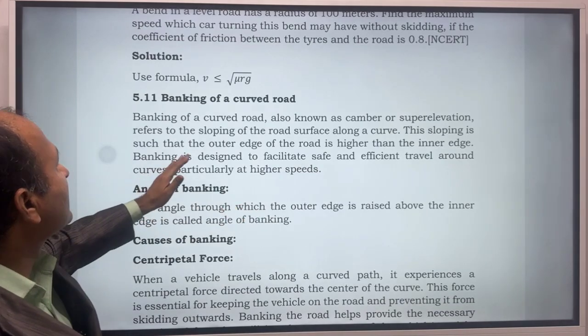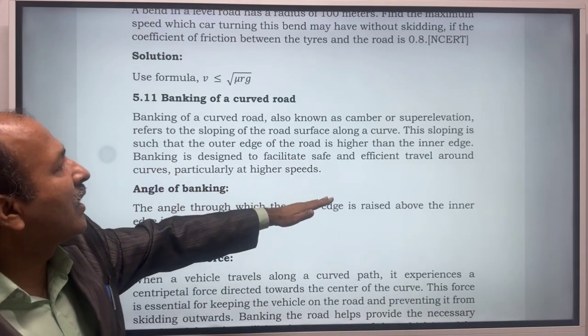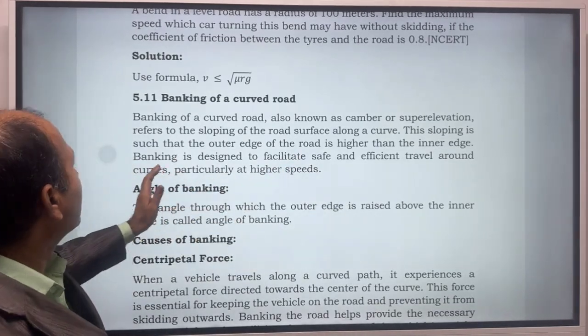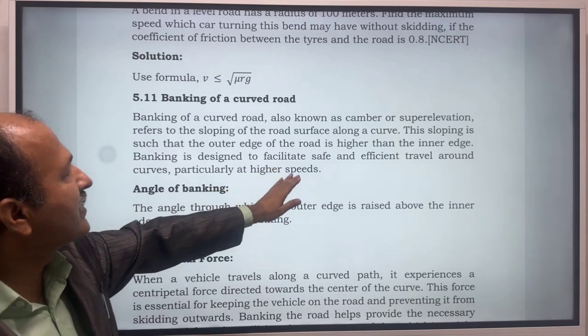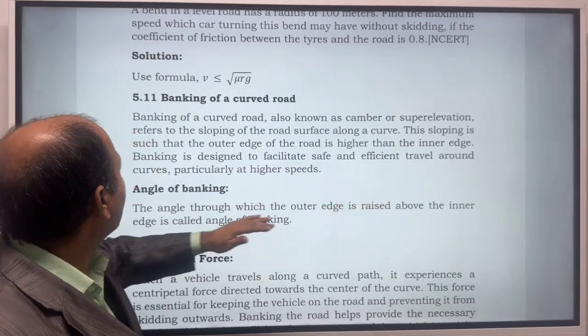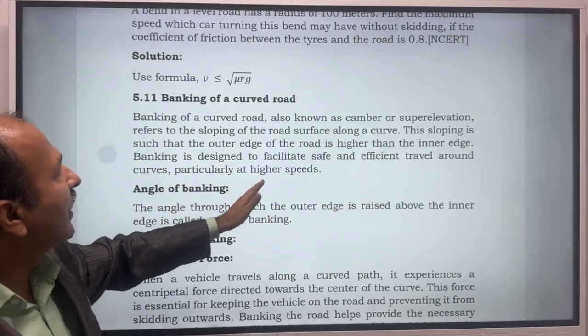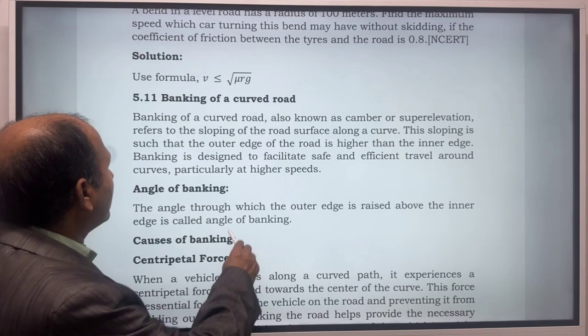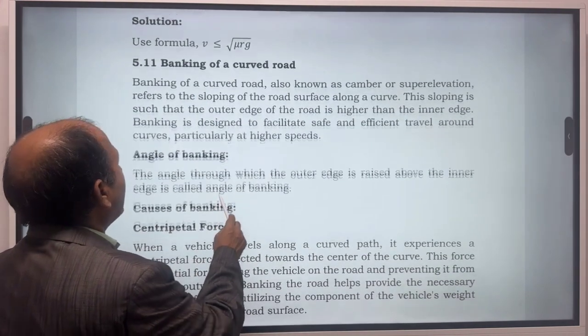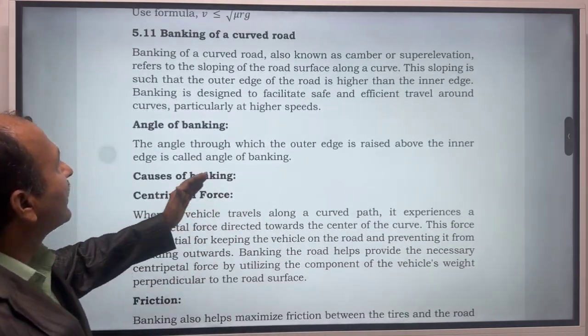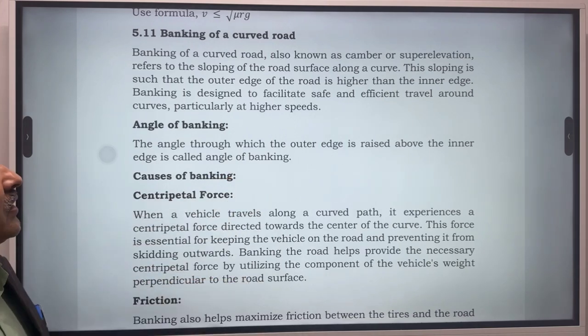This sloping is such that the outer edge of the road is higher than the inner edge. Banking is designed to facilitate safe and efficient travel around curves, particularly at higher speeds. So there is an angle of banking. The angle through which the outer edge is raised above the inner edge is called the angle of banking.